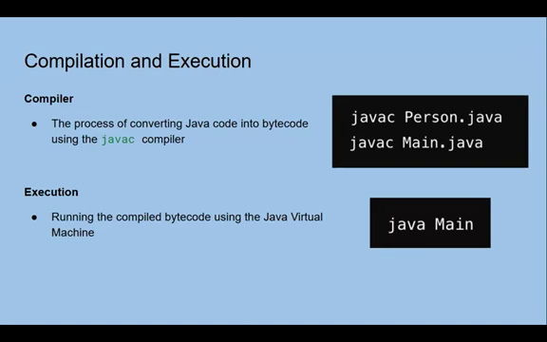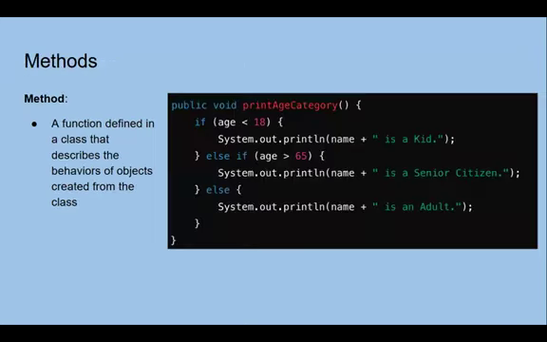Oh, yeah. A method in Java is a function that is defined in a class, which basically describes the behaviors of an object created from the class. For instance, in this method, we're talking about printing the age category of that person. If a person is less than the age of 18, it's a kid.